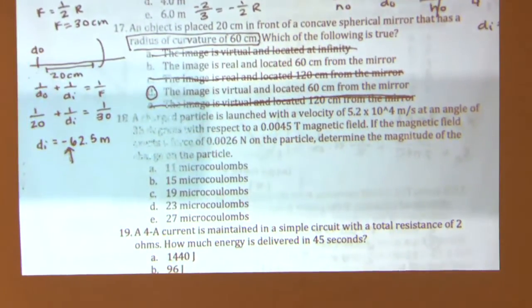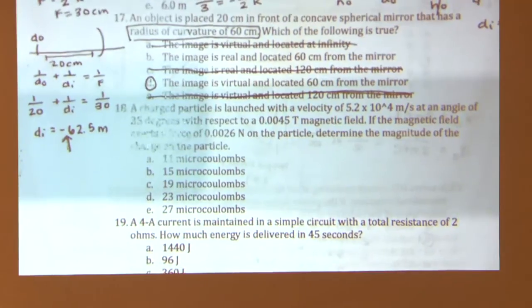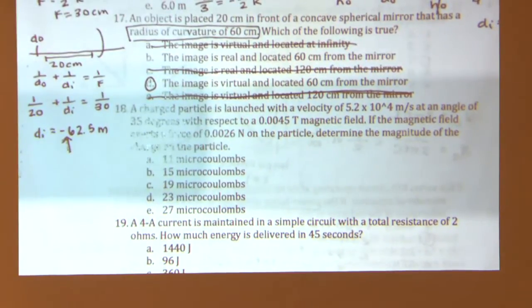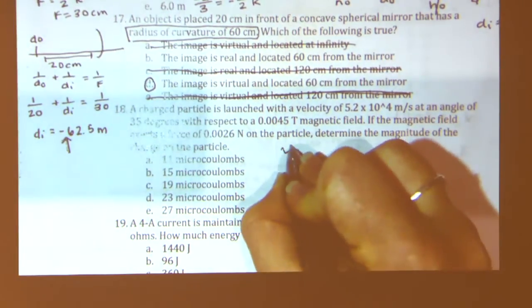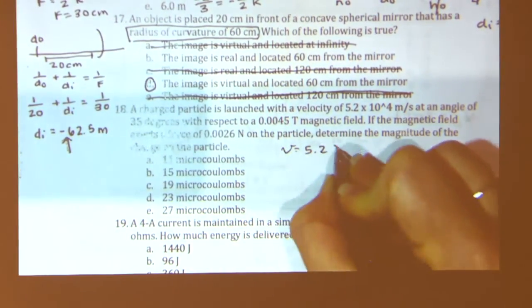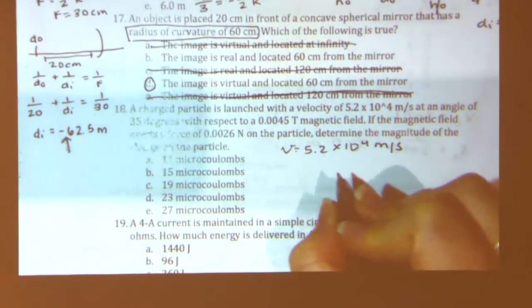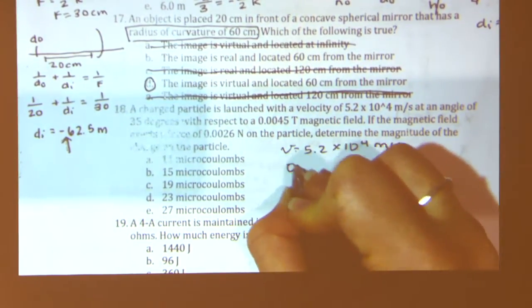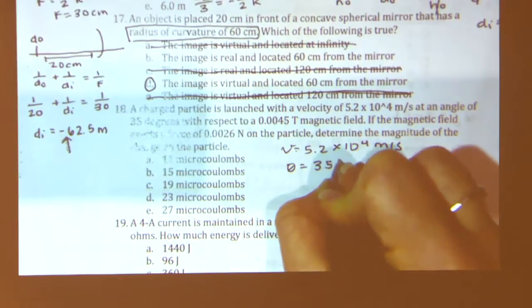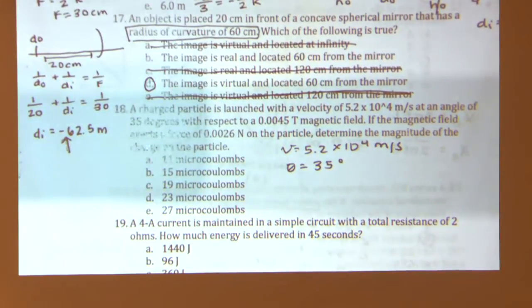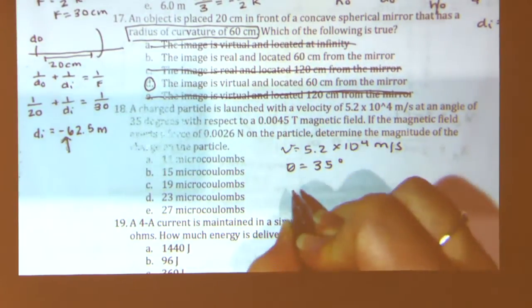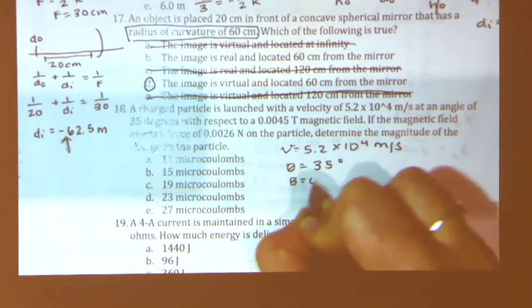So going on to number 18, a charged particle is launched with a velocity of 5.2 times 10 to the 4 meters per second at an angle of 35 degrees. So that's our theta, with respect to a 0.0045 Tesla magnetic field.